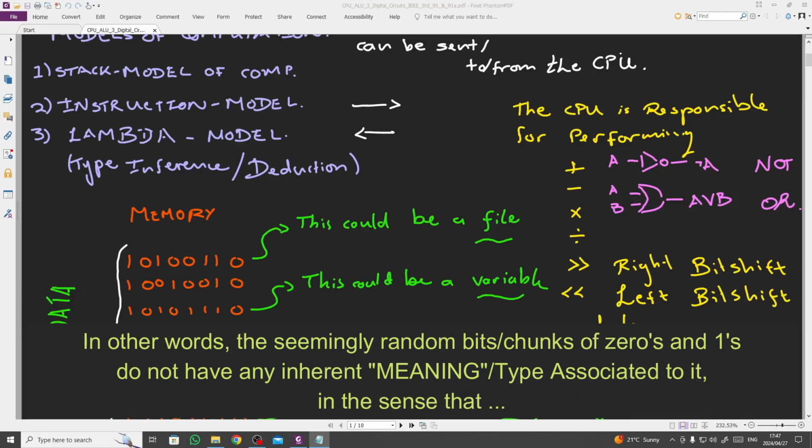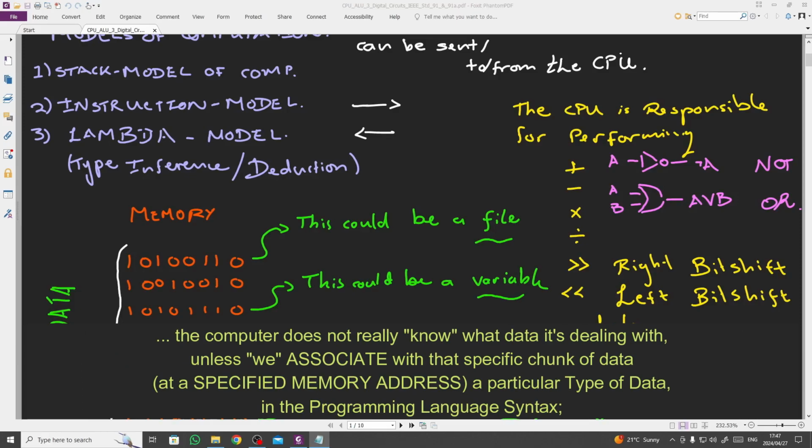In other words, these seemingly random chunks of zeros and ones do not have any inherent meaning or type associated with them, in the sense that the computer does not really know what type of data it's dealing with, unless we associate with that specific chunk of data at that specified memory address a particular type of data in the programming language syntax.